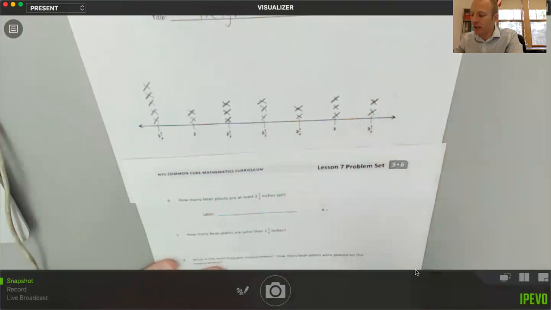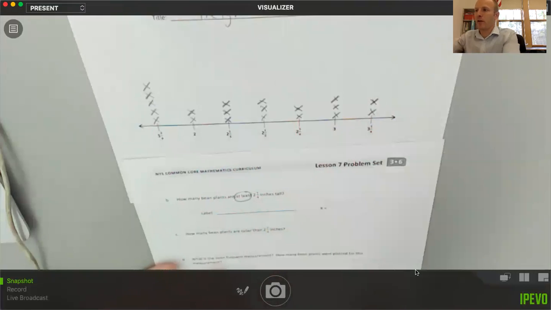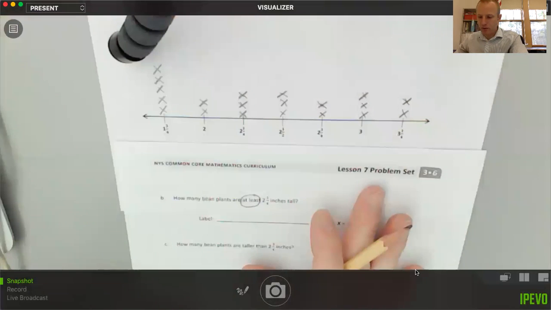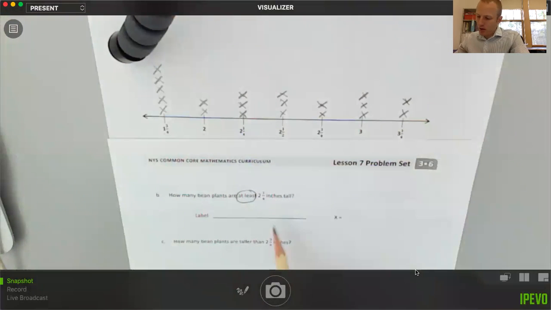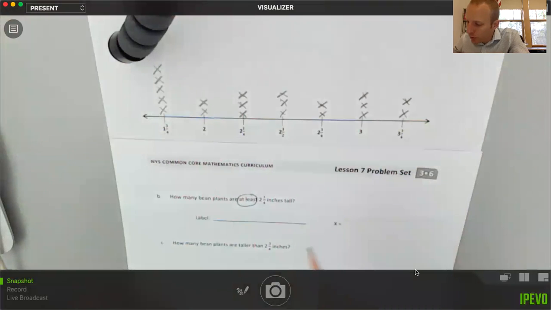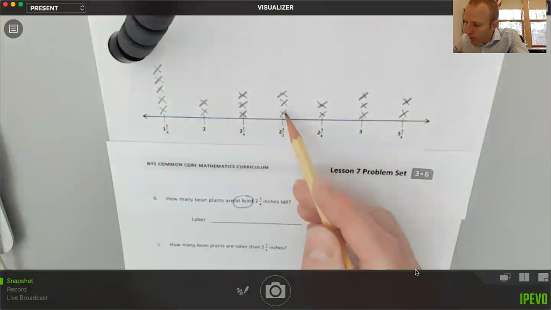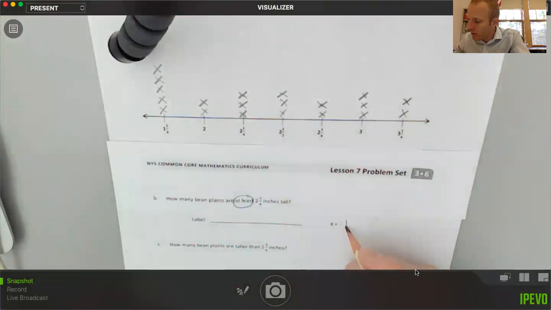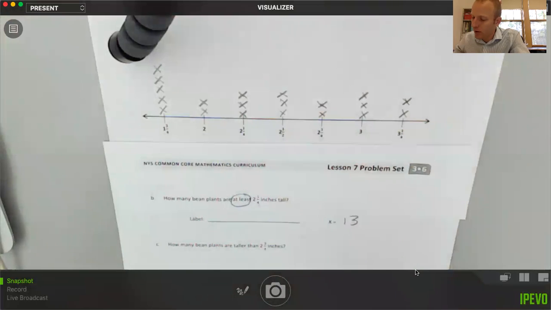So that word at least, that means we're including the 2 1/4. You could see that a little better. There we go. All right, so we have how many X's for at least 2 1/4? 1, 2, 3, 4, 5, 6, 7, 8, 9, 10, 11, 12, 13. So I would say 13 bean plants.